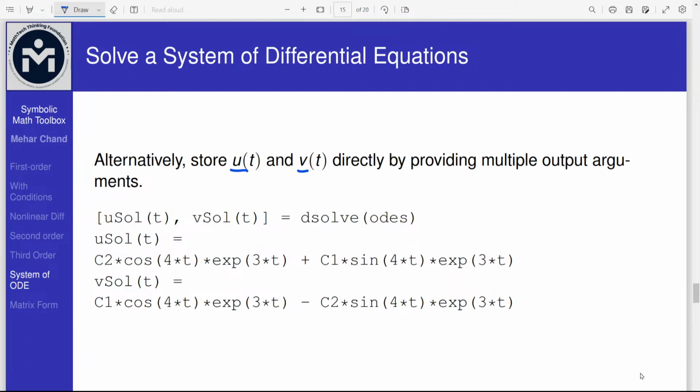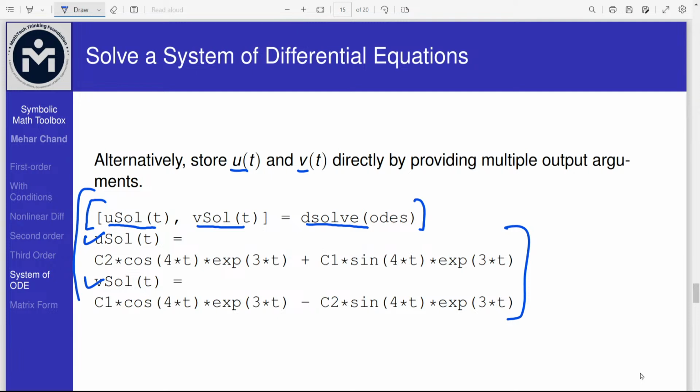See here, this is the u solution t, this is the v solution t, and dsolve. With only this single statement, when you have the system of equations, you get both solutions. This is the solution for u(t), and this is the solution for v(t). So this is the simple way, as we did in the previous statement.